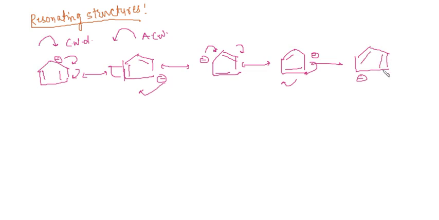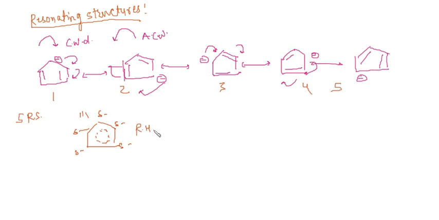If we further move this electron, we will get the same structure. So there are 1, 2, 3, 4, 5 resonating structures. If we want to draw the hybrid, that's how we will draw it. All positions have a partial negative charge, delta negative, delta negative, delta negative, delta negative, delta negative. This is the resonance hybrid.